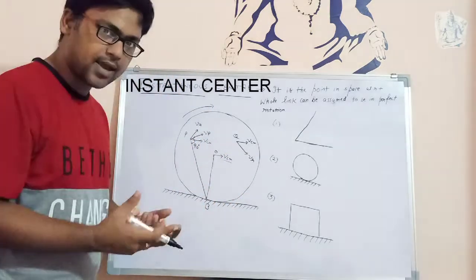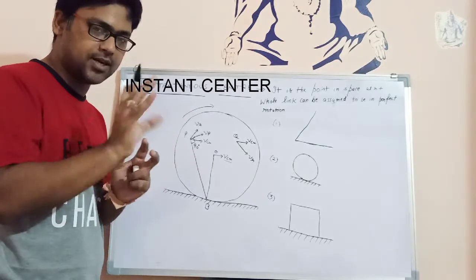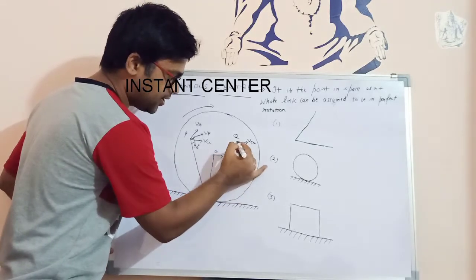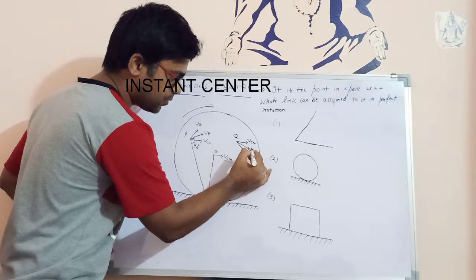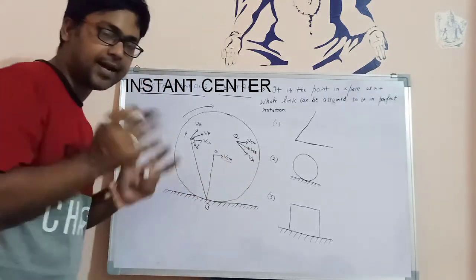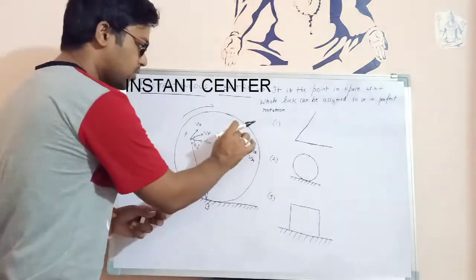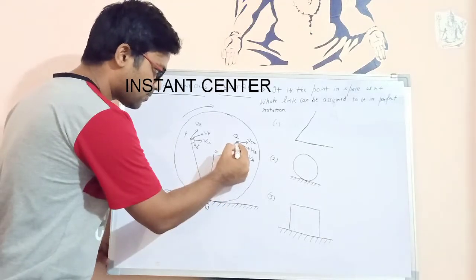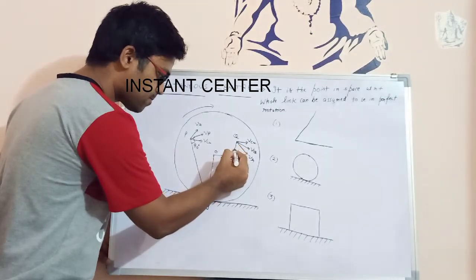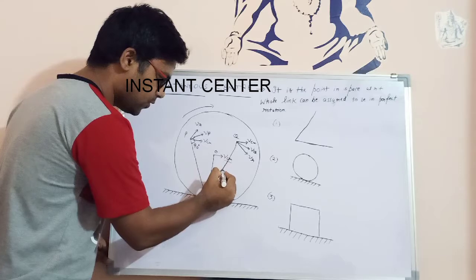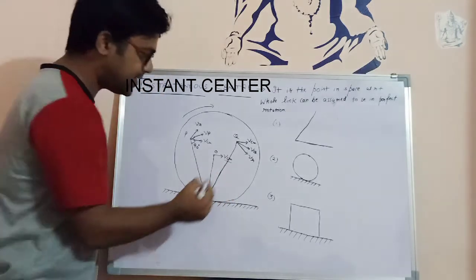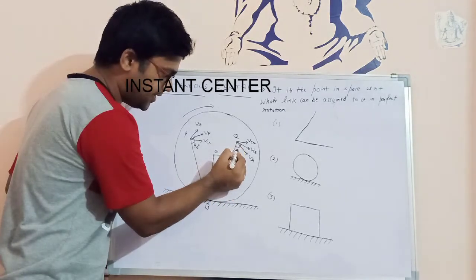Then again we are going to have a resultant of both, VCM and VR. It is called VQ. That is the net velocity acting at point Q. When I join the point Q with the point B, this angle will again come out to be 90 degrees.